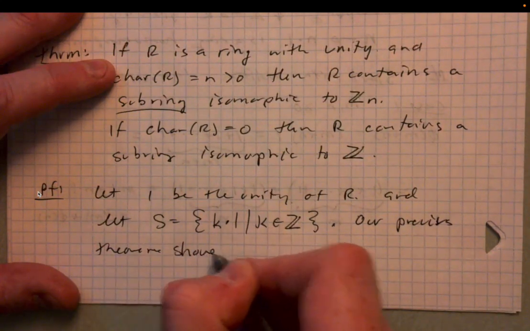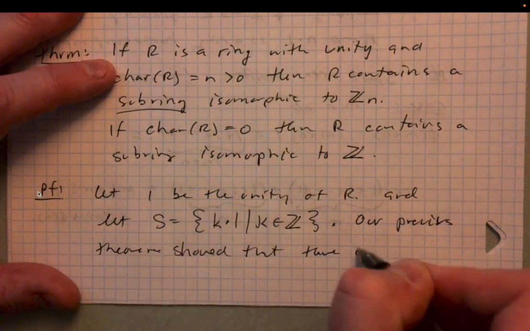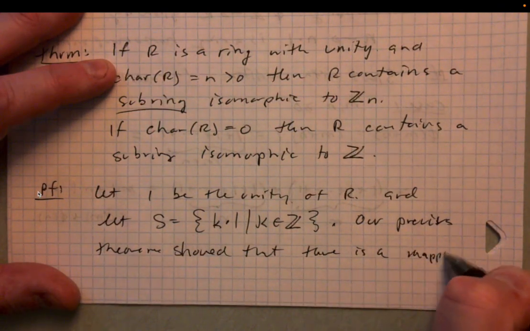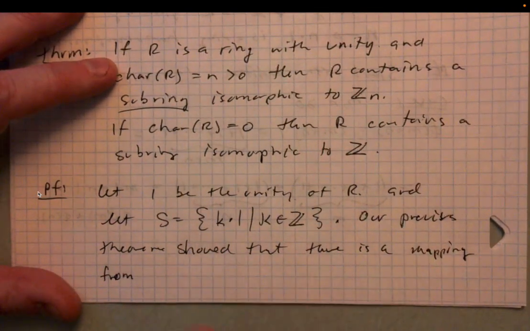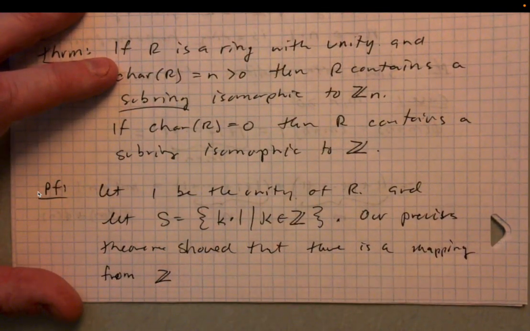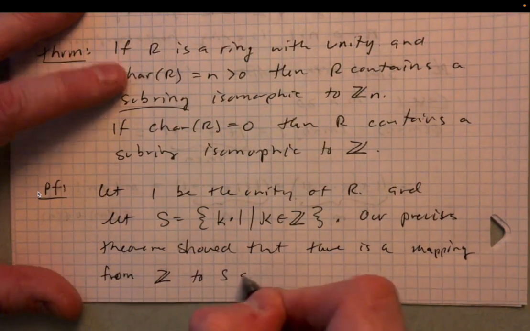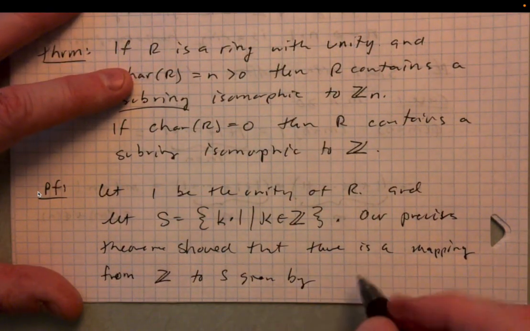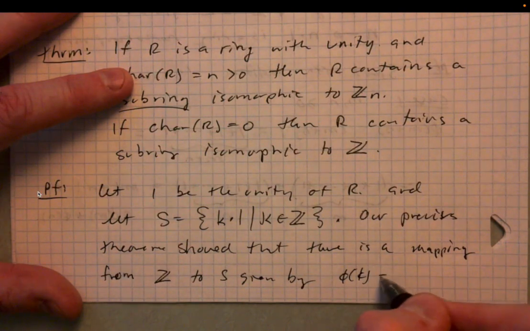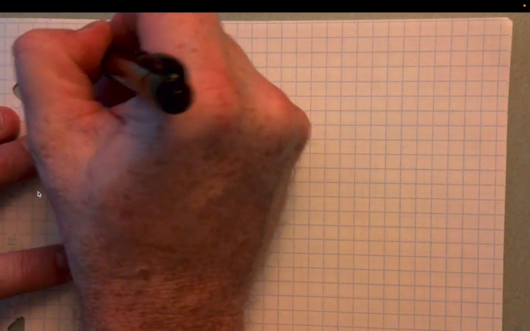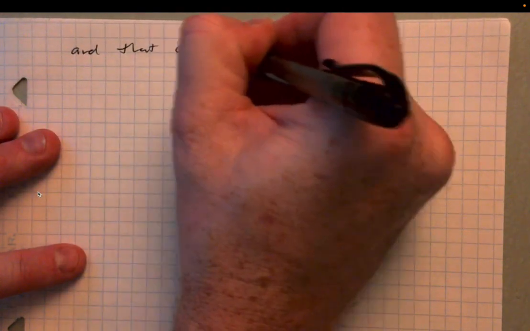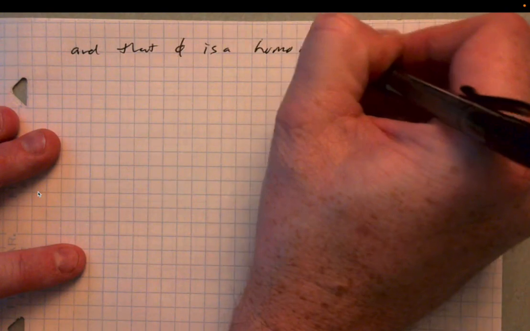Our previous theorem showed that there is a mapping from the integers Z to S given by phi of k equals k times 1, and also that phi is a homomorphism.